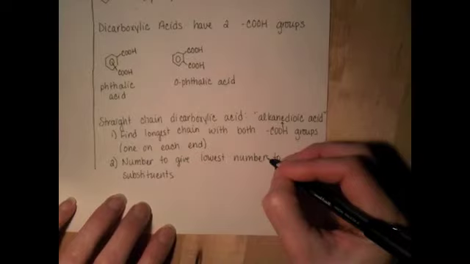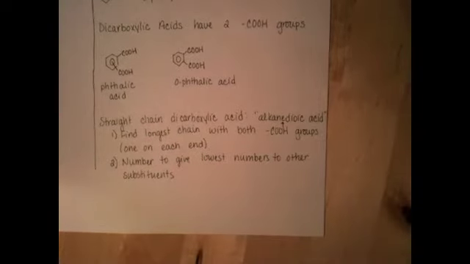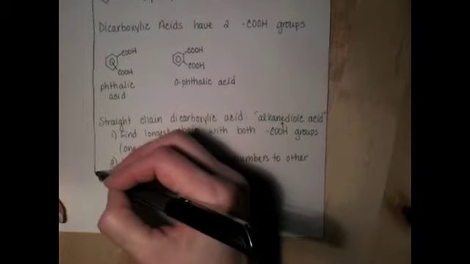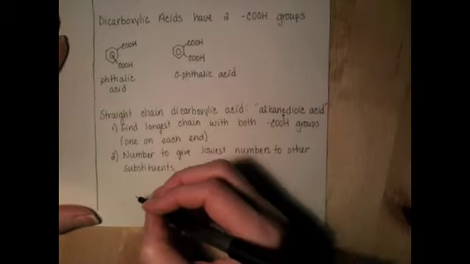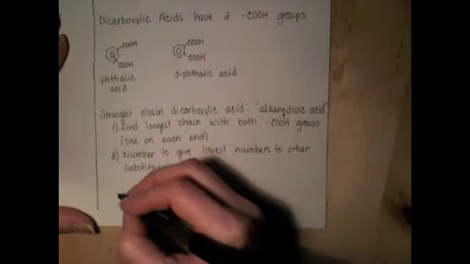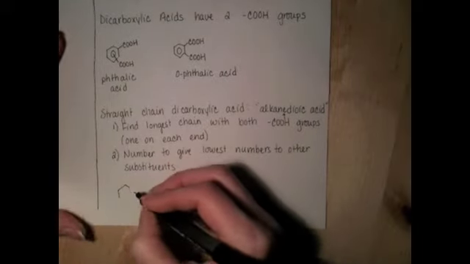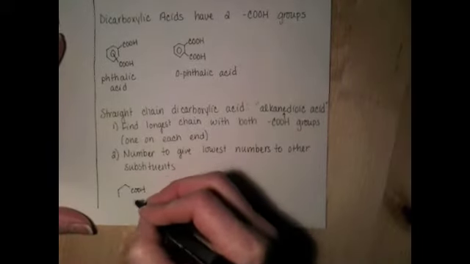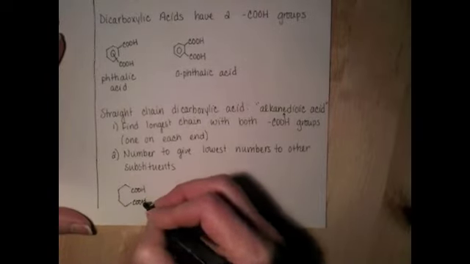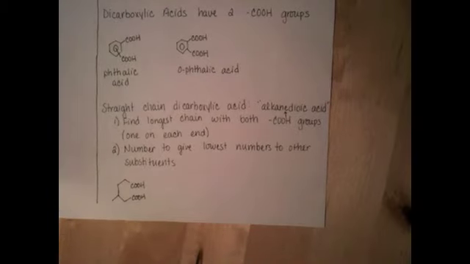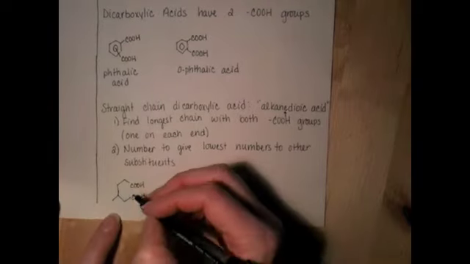Number to give lowest numbers to the other substituents. For example, with this molecule, dicarboxylic acid, we are going to number from one carboxyl group to the other, giving the methyl group the lowest possible number.